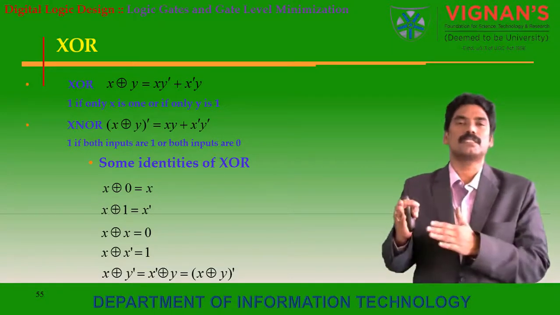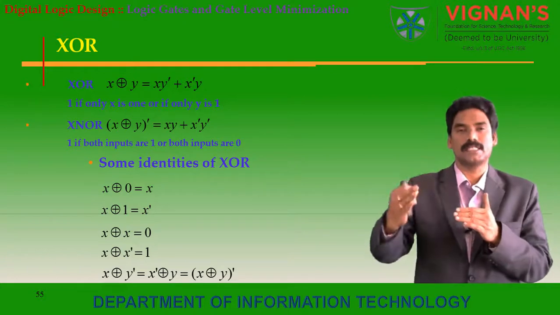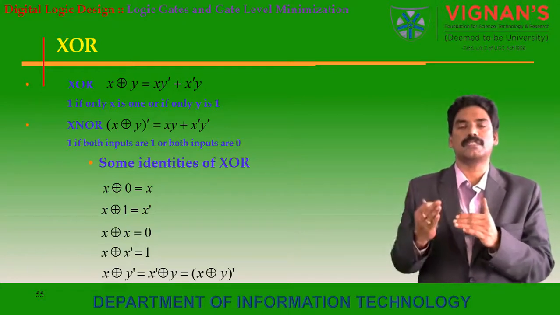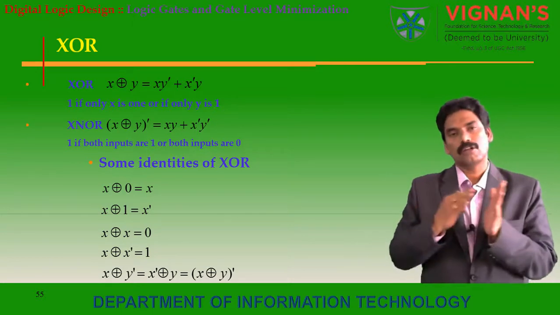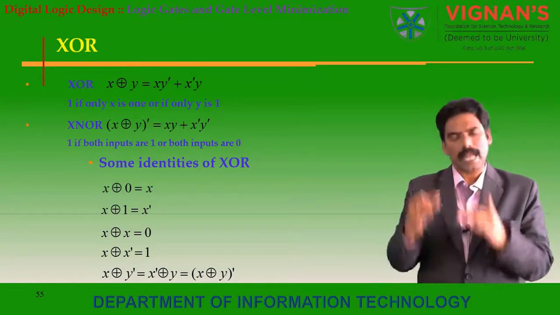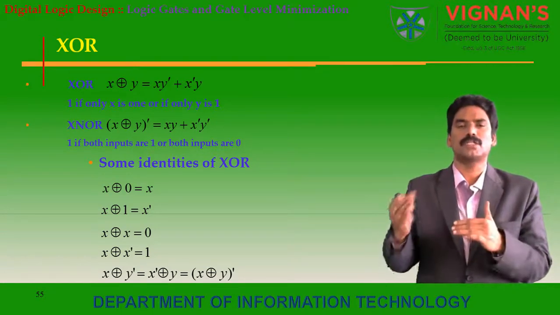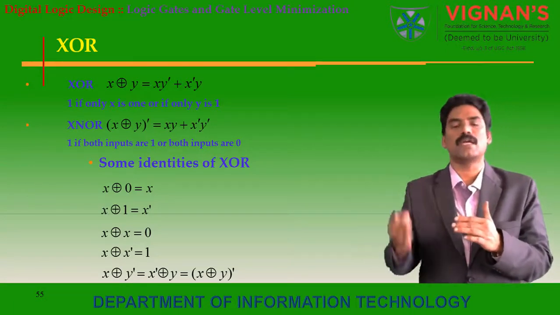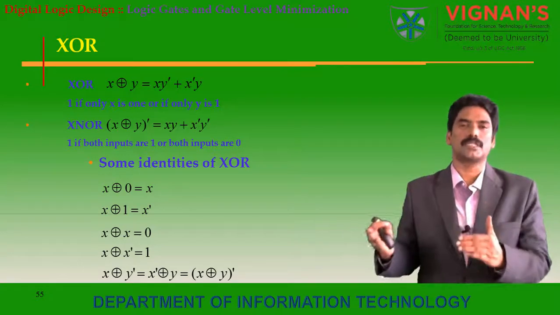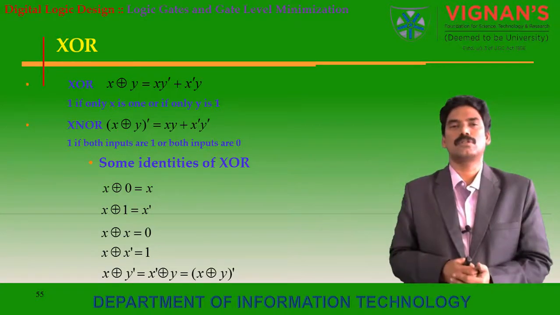And then we discussed don't care conditions, how to use don't care conditions while minimizing the circuits, and NAND and NOR implementation. NAND and NOR gates are called universal gates. How to implement other logic circuits by using NAND and NOR gates we discussed, and finally we discussed the XOR gate.